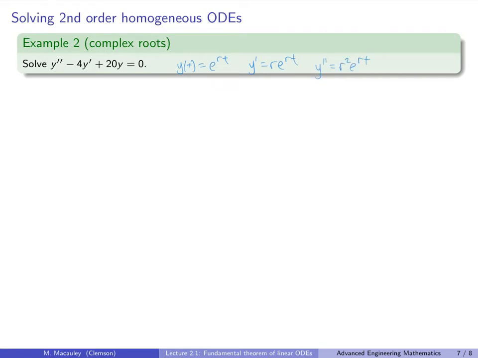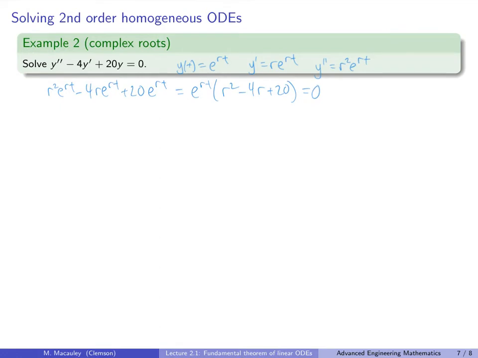We plug these back in, term by term: y'' is r² e^(rt), minus 4y' is 4r e^(rt), plus 20y is 20 e^(rt). We factor out an e^(rt) and we get r² - 4r + 20 = 0.